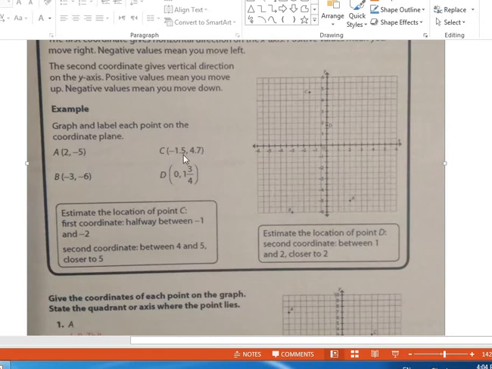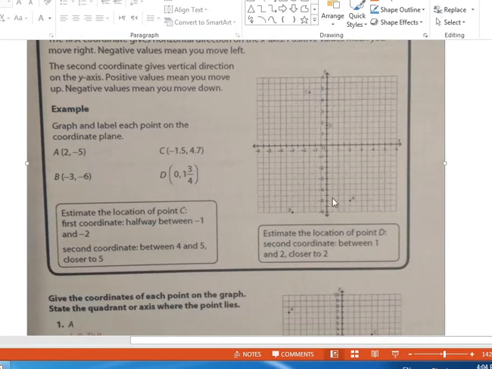C, -1.5 and 4.7. -1.5 on the x-axis, between -1 and -2, is -1.5, and 4.7. How can I go there? 4.7. I'll go up because it's positive until I reach 4.7 here, a little bit before 5.